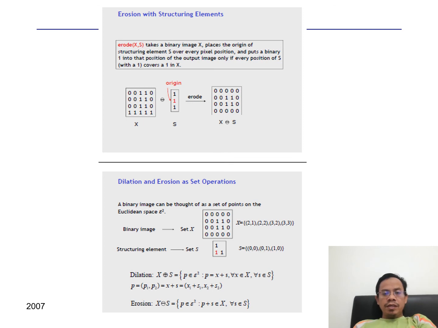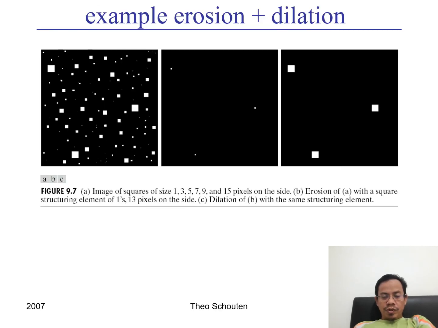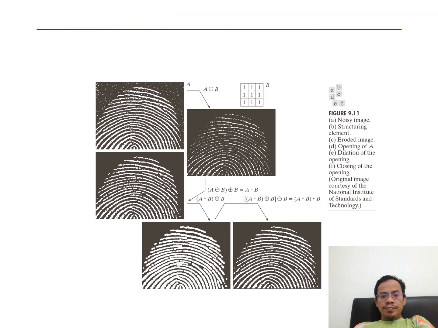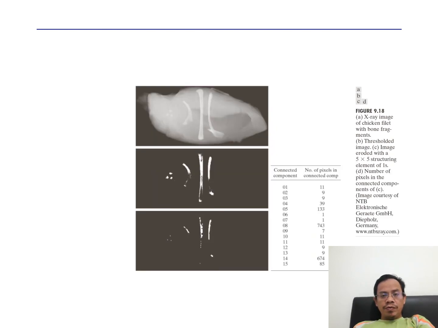Okay, so try to understand how the structuring element, or how the erosion and dilation perform on the X here, in order to get this output. So this is more example. When we perform erosion then dilation, we get a certain output here. It can also be used in many applications, like thumbprint, morphological operations can also be used.